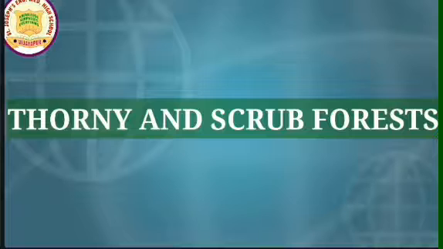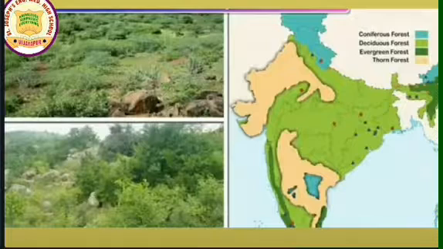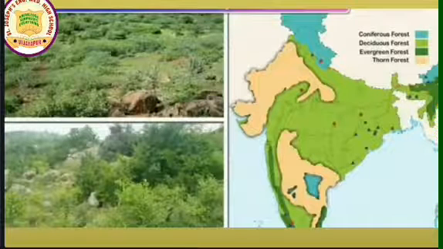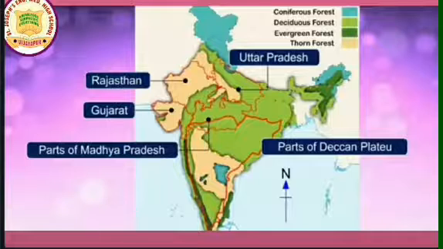Now comes fourth one, thorny or scrub forest. Thorny or scrub forests are mostly found in and around the dry areas, desert areas of Rajasthan, Gujarat, some part of Madhya Pradesh, Uttar Pradesh and part of the Deccan Plateau. We find mostly bushes growing in such forest.